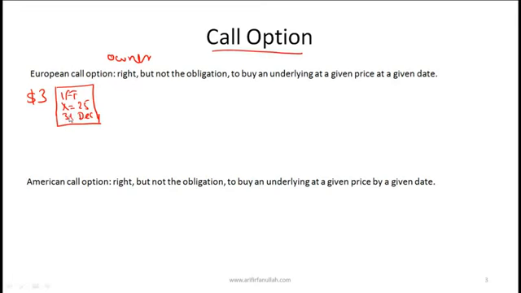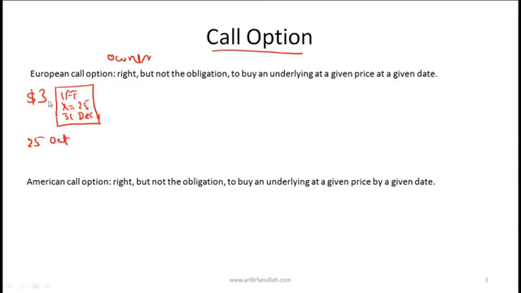So let me repeat this. By paying $3 to the option writer or the counterparty, you have received this contract which gives you the right to buy one share of IFT at a strike price or exercise price of $25 on 31st December. And let's say that when you purchase this call option, it is 25th October.